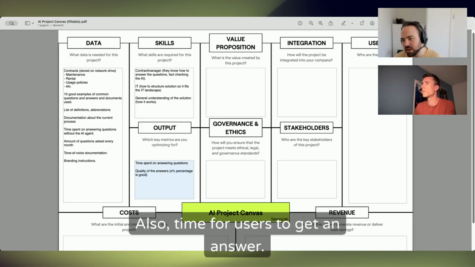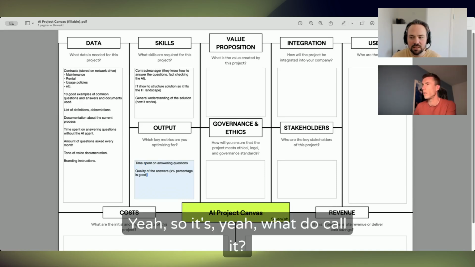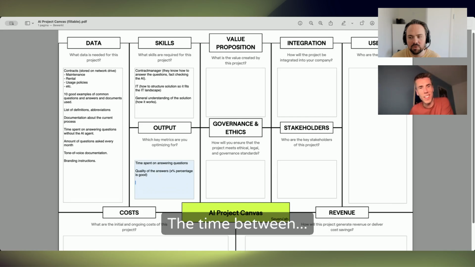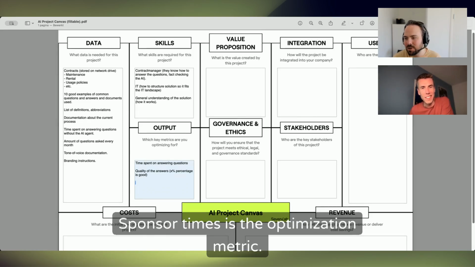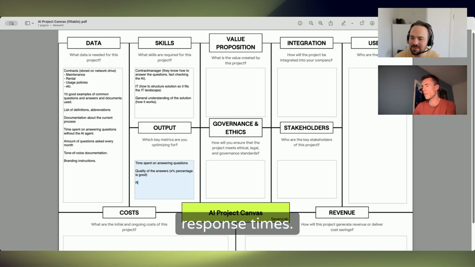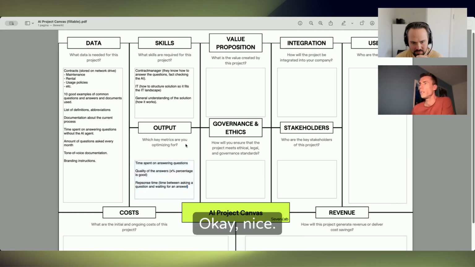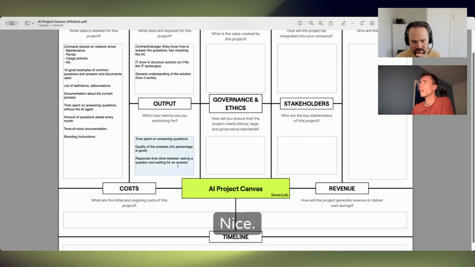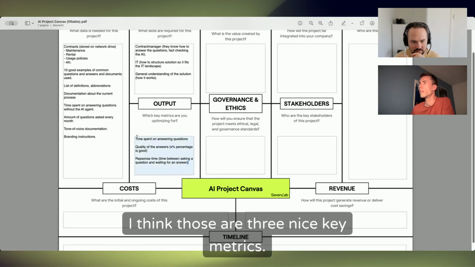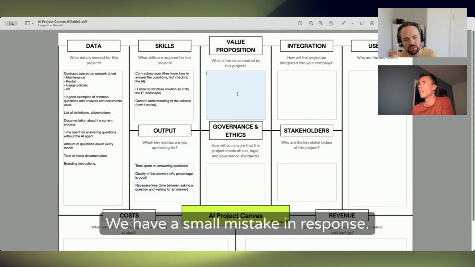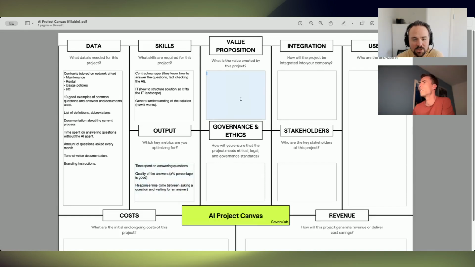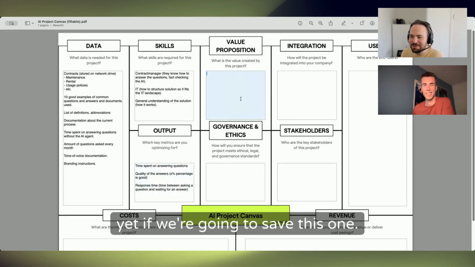And also time for users to get an answer. The response time is the optimization metric. Okay, nice. I think those are three nice key metrics.